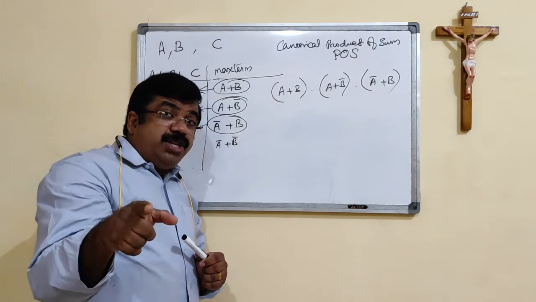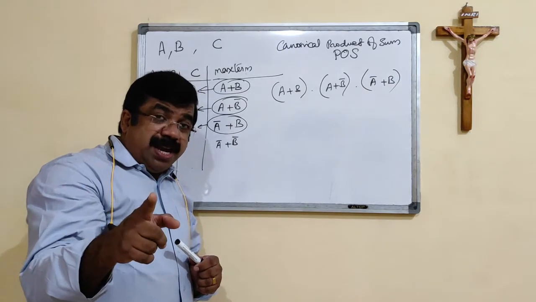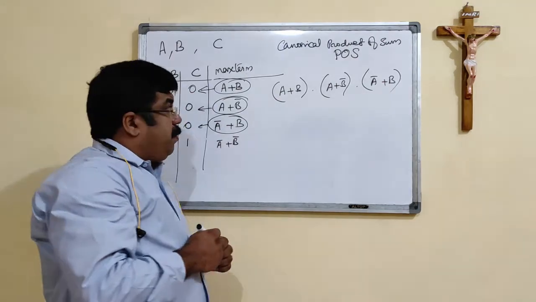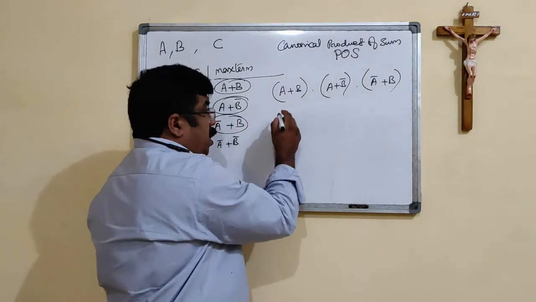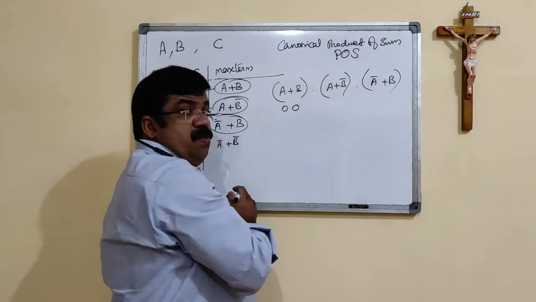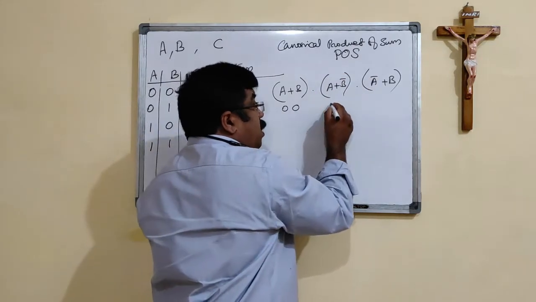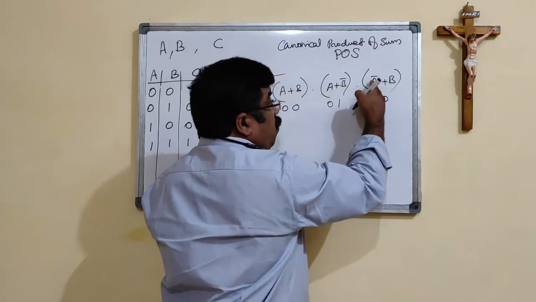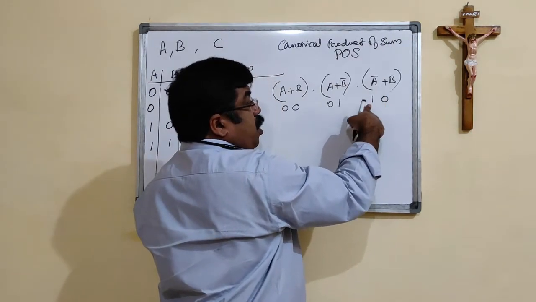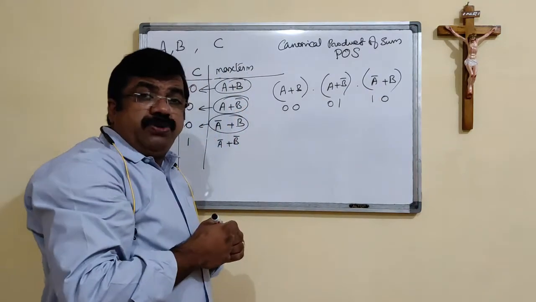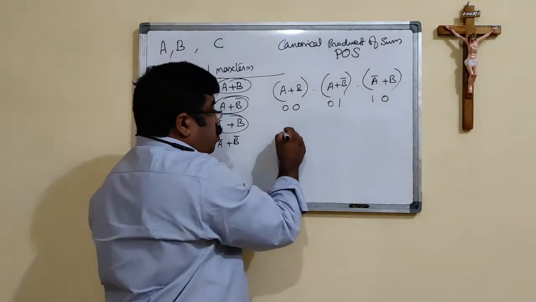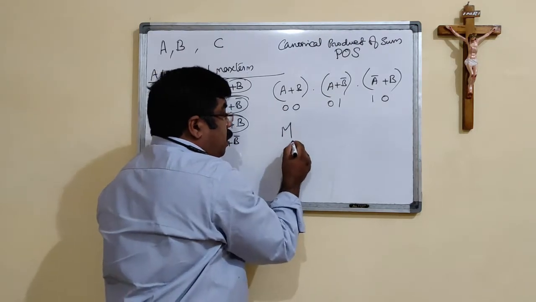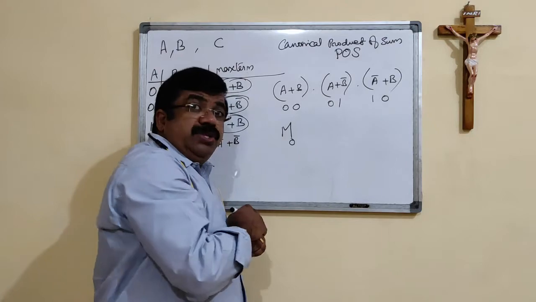Once again, I remind you, zeros are written as it is, ones are written as complemented one. See here, A plus B representing 0, 0. A plus B bar representing 0 and 1. And A bar plus B representing 1 and 0. A variable complemented is representing 1 and uncomplemented is representing a 0. So this will be written as a subscript of capital M. This is representing a decimal 0.